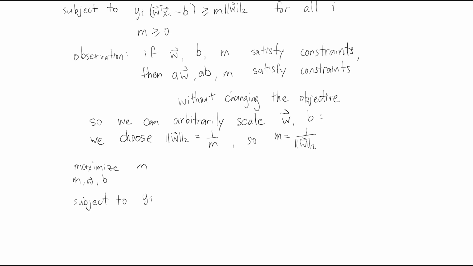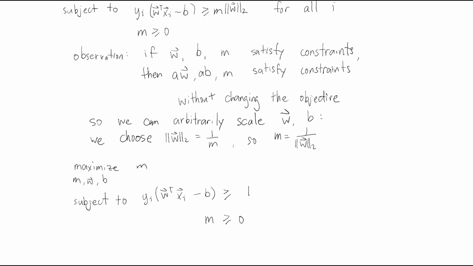We keep w and b and rewrite m using a different scale: w transpose xi minus b is greater than or equal to 1 over the 2 norm of w times the 2 norm of w. Of course that cancels, and it would just be 1 here. And we're still subject to m greater than or equal to 0, as we had before.